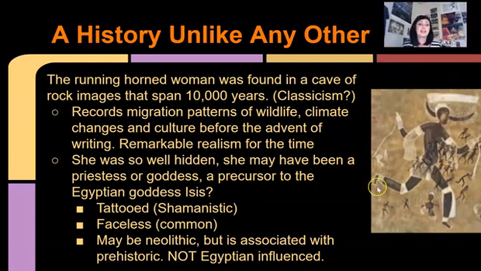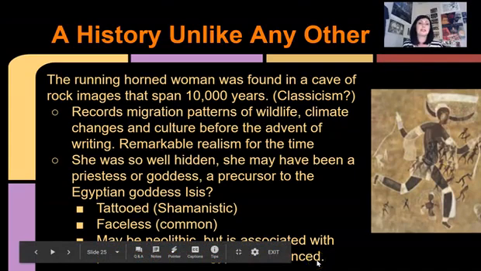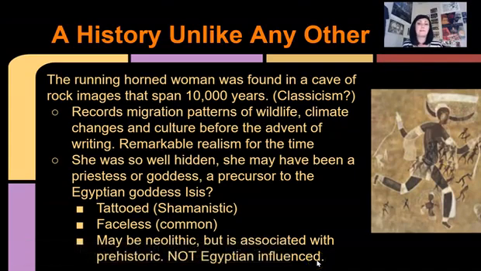So what's crazy is the rock images in this cave, in this part of Africa, span 10,000 years, which means that they were building on this. Like maybe this was a classical art tradition that they were developing of, this is what art looks like, all right?